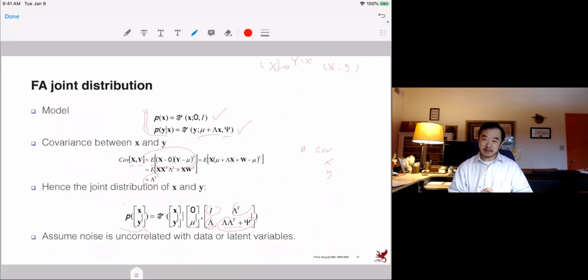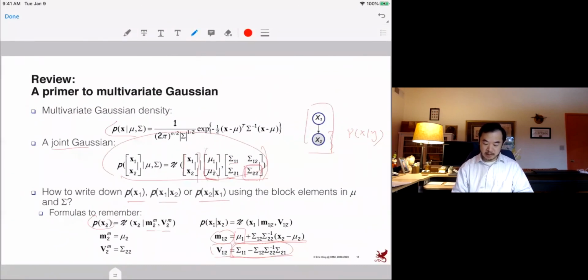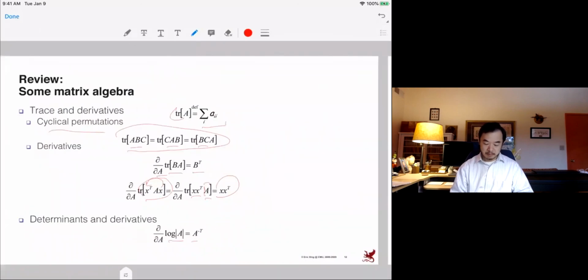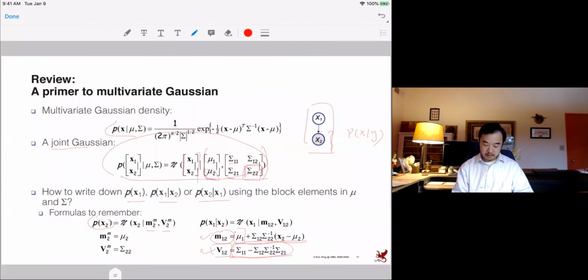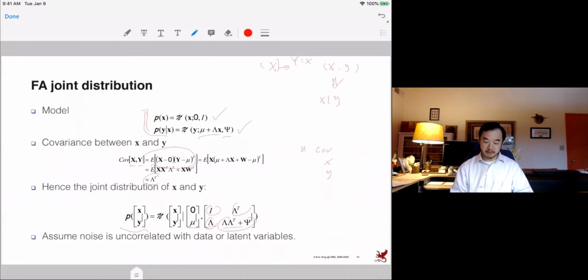And what's next? Well, the next is to go further and see whether we can write down the distribution of x given y. Remember, in here, we already figured out the rules of writing down the conditional mean and the conditional covariance. We're going to use this rule. And we also have this matrix in here already computed for this particular problem, FA, right?